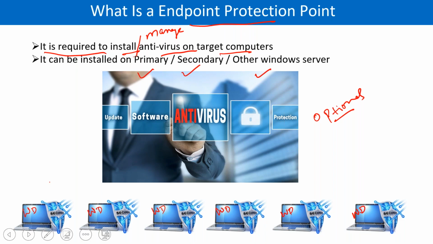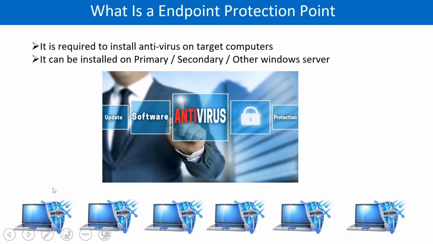This role will help you to manage your Windows Defender in servers as well as Windows 10 machines. But it is an optional role because people are using third-party software like Symantec, Trend Micro, Norton, instead of using the Windows Defender antivirus.